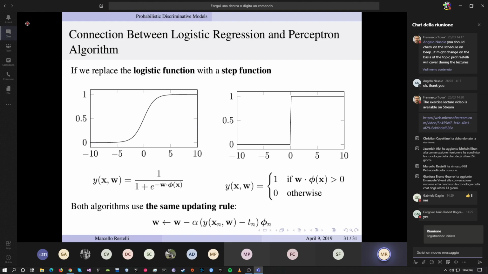The difference is that, of course, the logistic regression approach, by using the logistic function that is smoother, removes the problem of instability that you have when the points are not linearly separable using the perceptron. Because we have seen that when the points cannot be linearly separated in your feature space and you use the perceptron algorithm, the problem is that you never terminate the update.